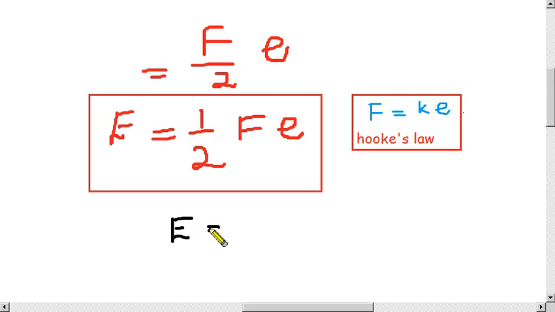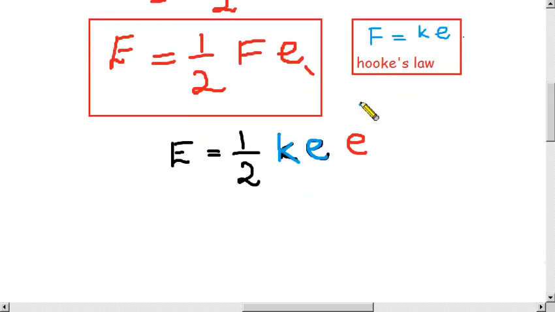Energy equals half times, instead of F we can write k times e, and this e is the extension. K times e means this one in blue. Right, now clear, isn't it? So what do we get? E equals half k e squared.